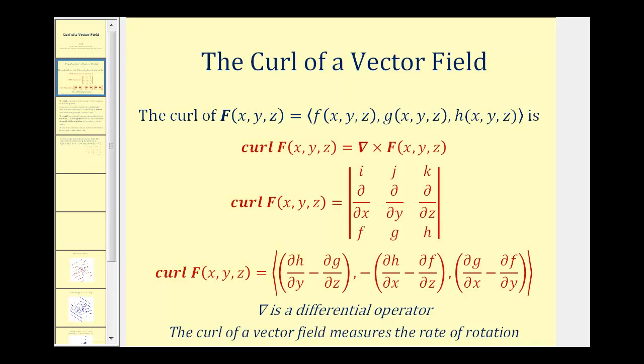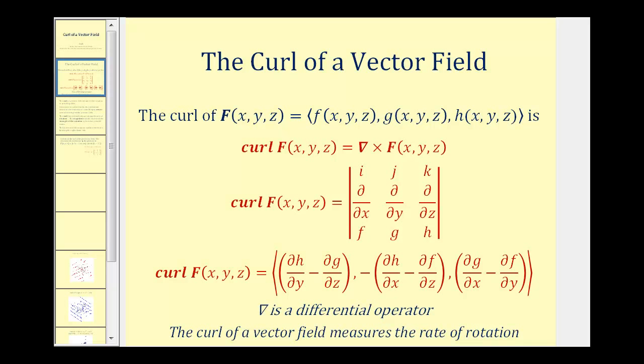And then the third row would be from the components of the vector field f. If we evaluate this 3x3 determinant, we end up with a vector field with x, y, and z components, as we see here. And in our example, we'll take a look at how evaluating this determinant gives us this vector field.